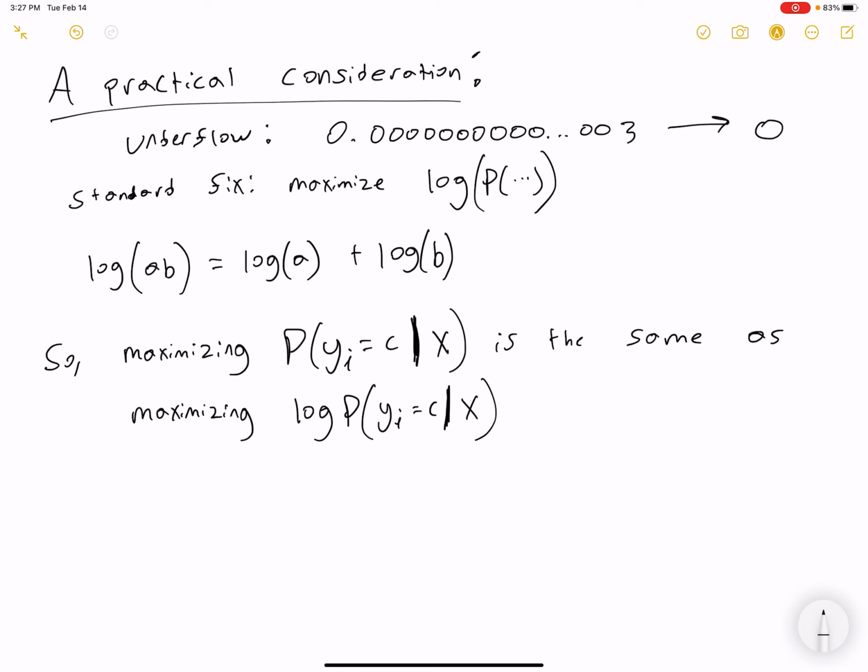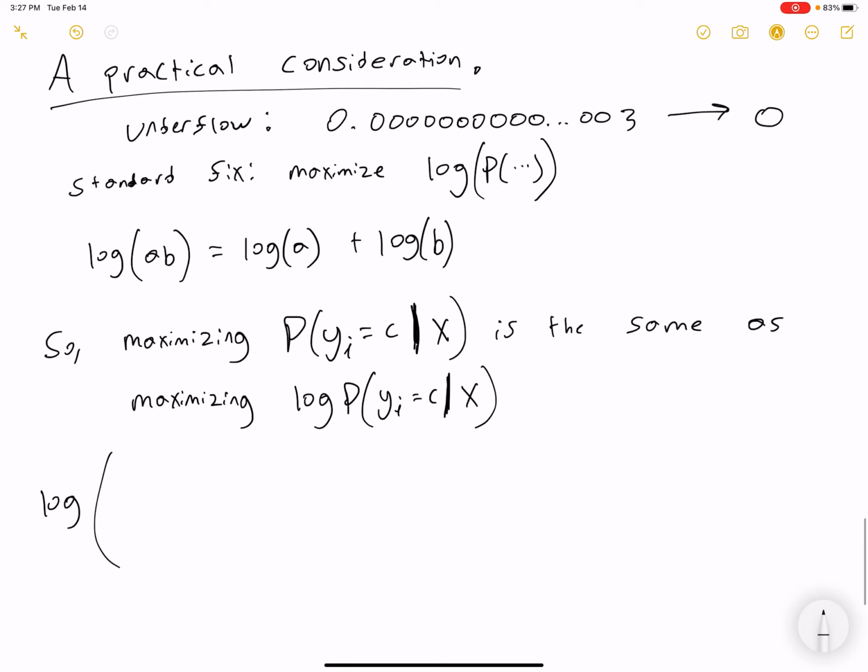So writing that out, we take the log of the naive Bayes equation. Now I'm just going to write it out in a general form.